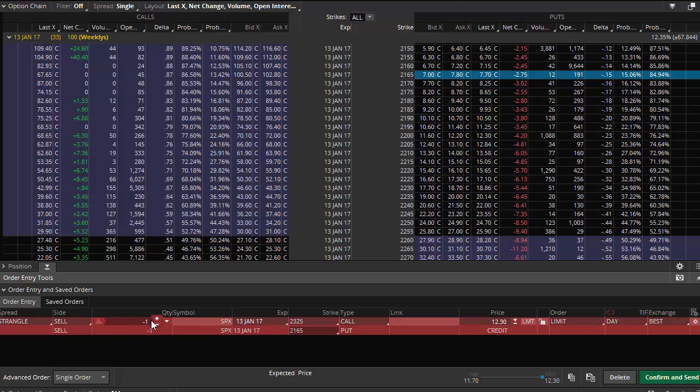And then over here, I could choose how many lots I want to trade, and then also I could change my price right here to try and get filled on this particular order. And when I'm done with that, I simply click on confirm and send, and then we have our strangle in play.